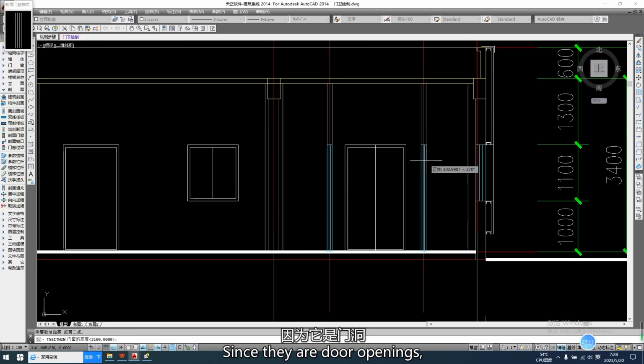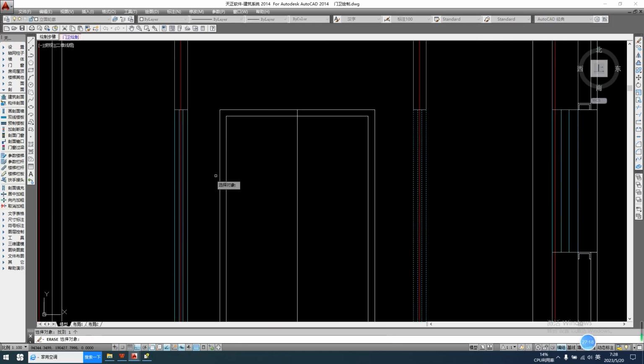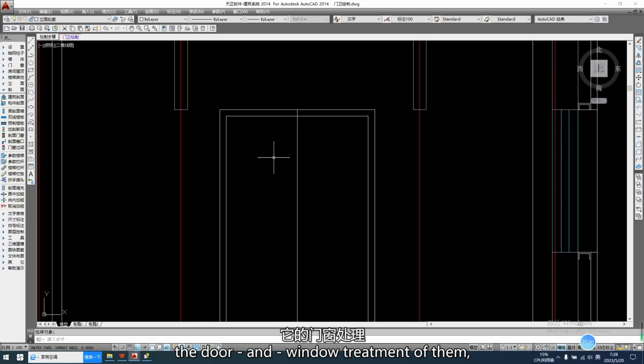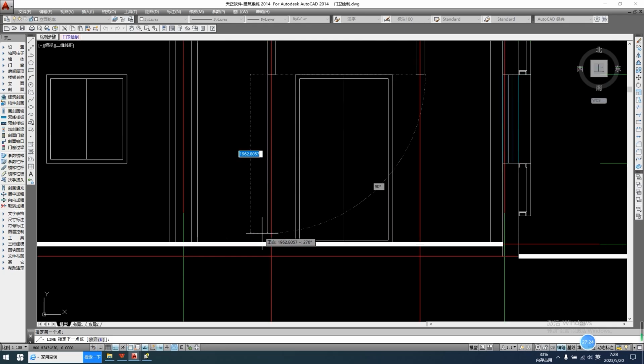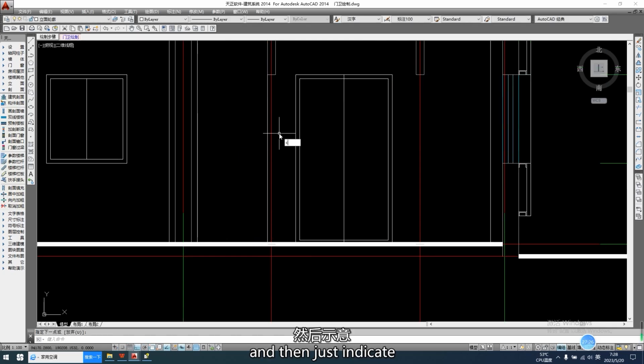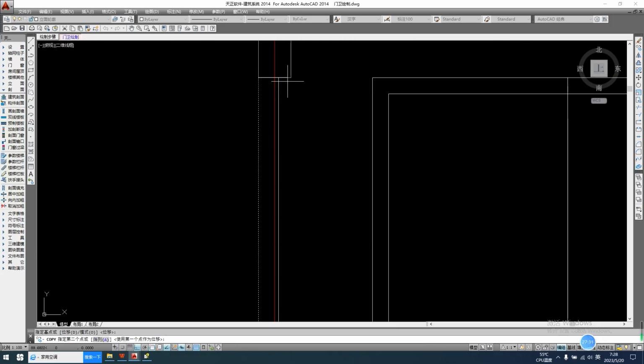Since they are door openings, we don't need to show the door and window treatment of them. And then just indicate the projection lines of the door openings.